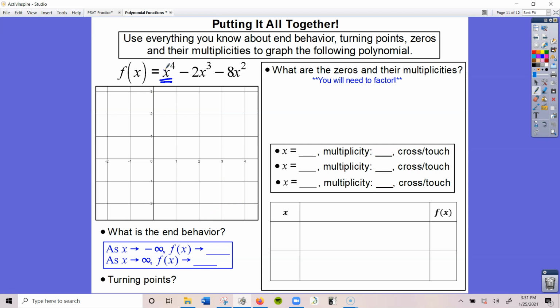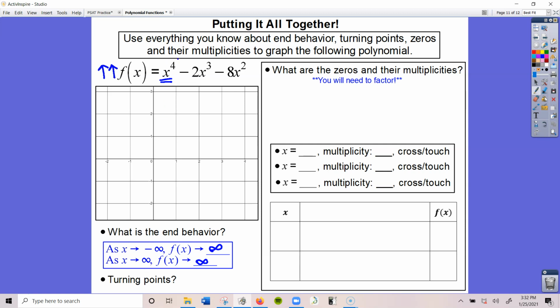Since the coefficient is positive, that means that the right side goes up. And since the exponent is even, that means that the left side also goes in the same direction, so up. So for both of these limit statements, since both ends go in the same direction and it's up, both of these limits would go to infinity.